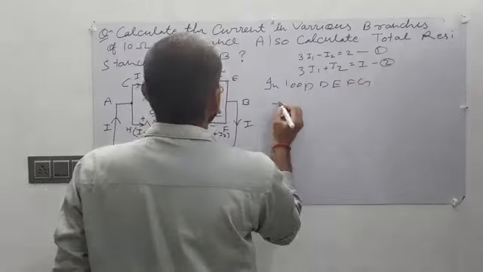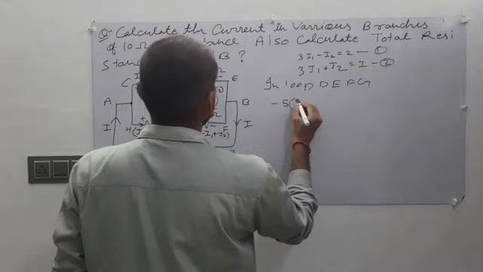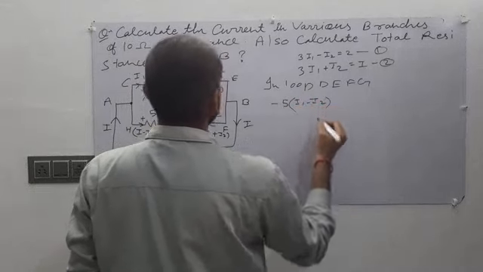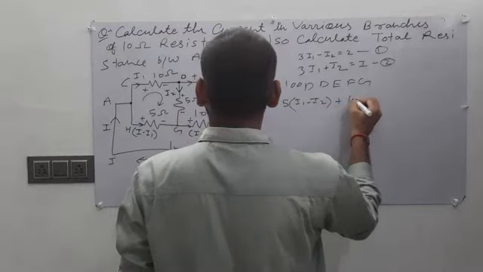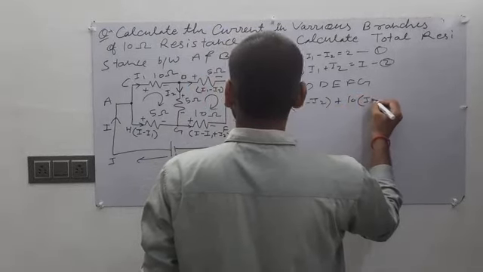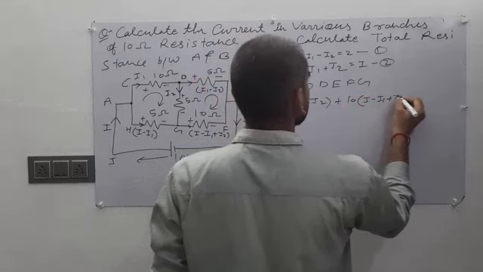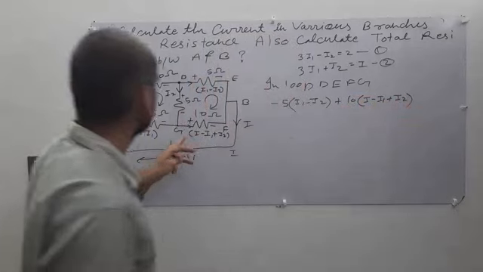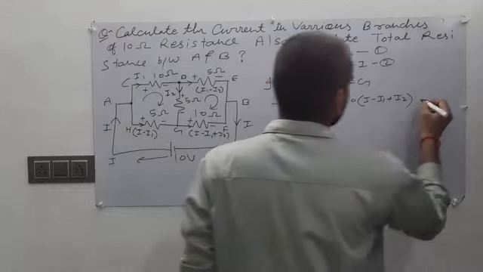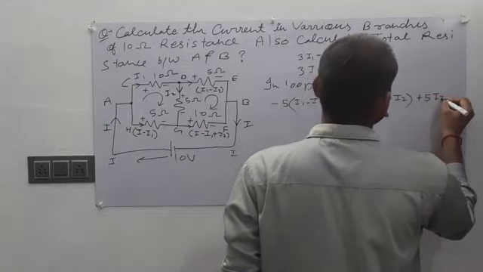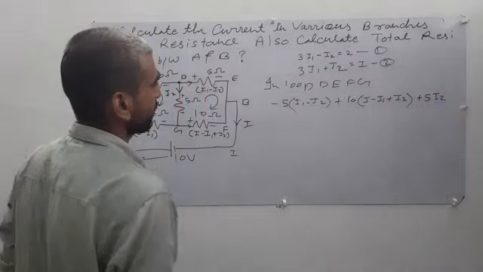Minus 5 (I1 minus I2) plus 10 (I minus I1 plus I2) plus 5 I2 plus 5 I2.